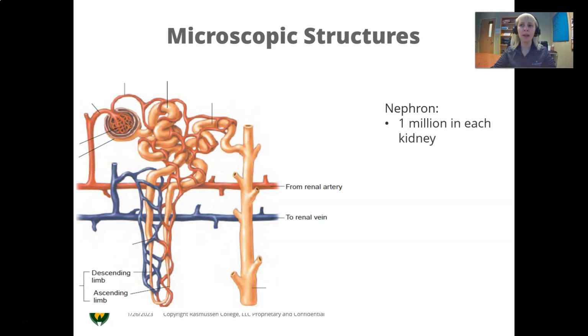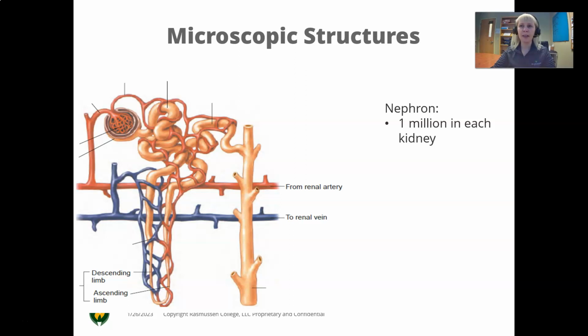There are approximately 1 million nephrons in each kidney, and the nephron is what we call the functional unit of the kidney. And it is responsible for maintaining homeostasis by continually adjusting and regulating the contents of our blood plasma.